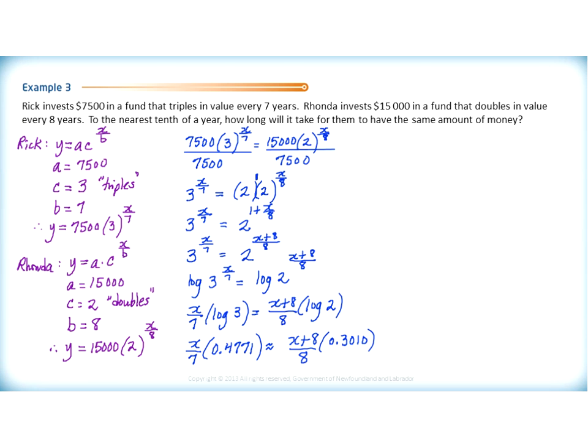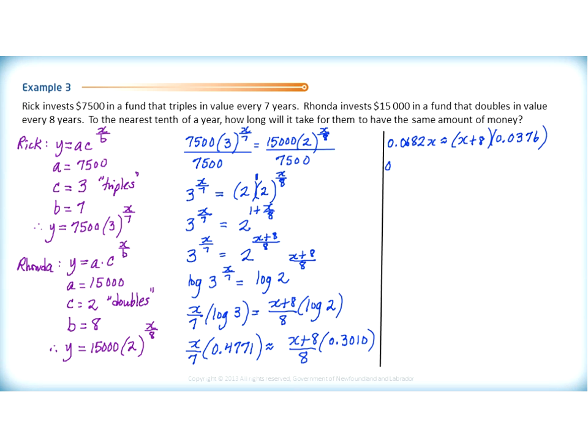And x over 7 multiplied by 0.4771 is 0.0682 in front of x will approximately equal, that's the same as x plus 8 multiplied by 0.3010 divided by 8 is 0.0376.